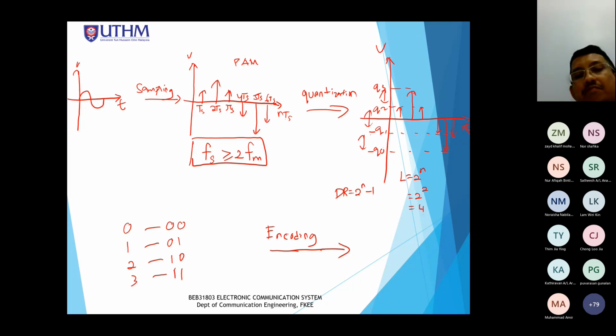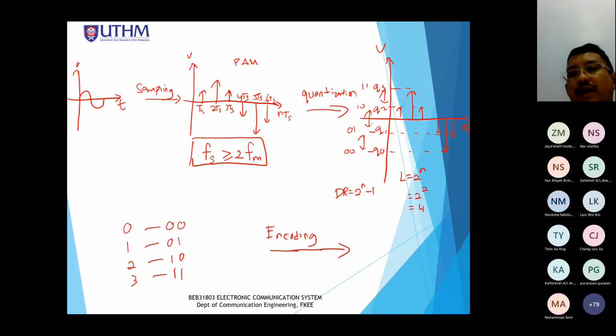If you see from my example, I will assign the code word 00 starting from the lowest level, for example here is 00, 01, 10, and also 11. And what happened during the encoding process?